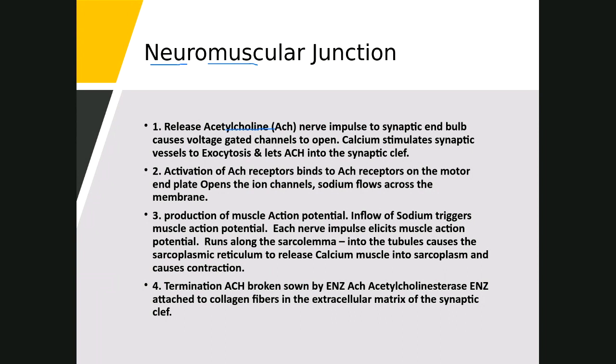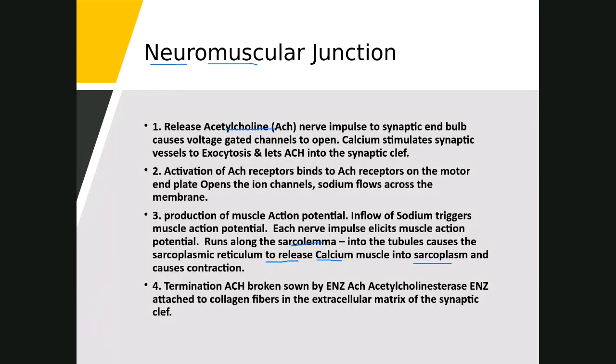So this action potential triggers an electrical impulse which runs along the sarcolemma. And the sarcolemma is connected directly to the transverse tubules, which stimulates the sarcoplasmic reticulum to release calcium into the sarcoplasm.